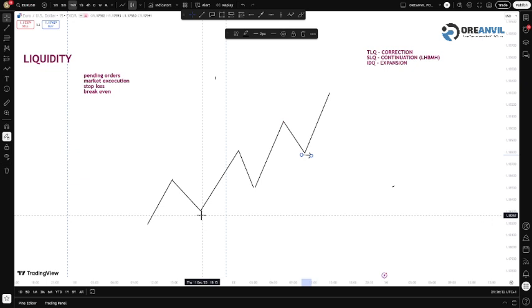Those are the levels we pay attention to. Does it make sense? I hope you guys are getting this now. So don't ignore this, but always know that the liquidity here is not as important as the one here and the one here.